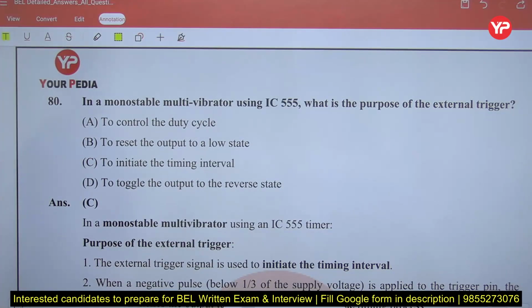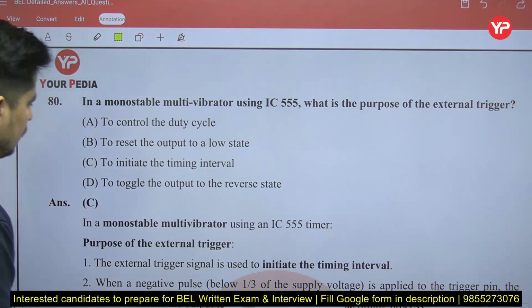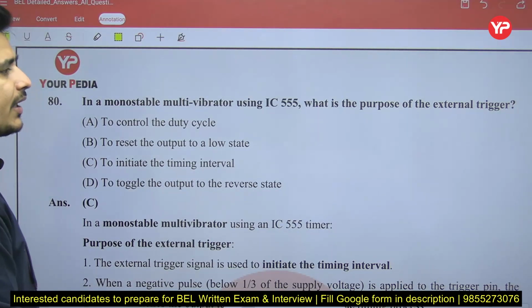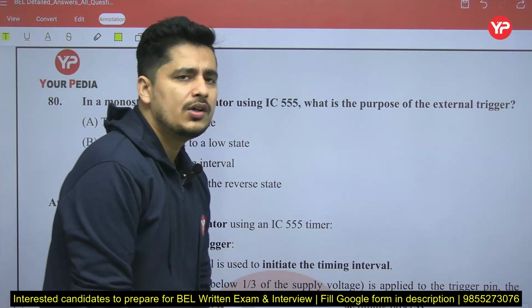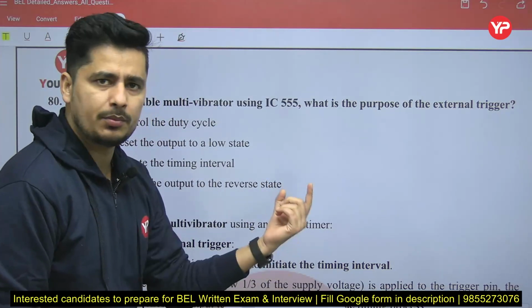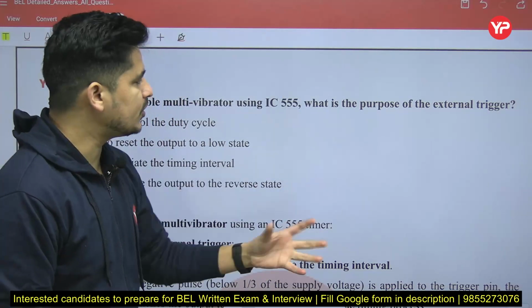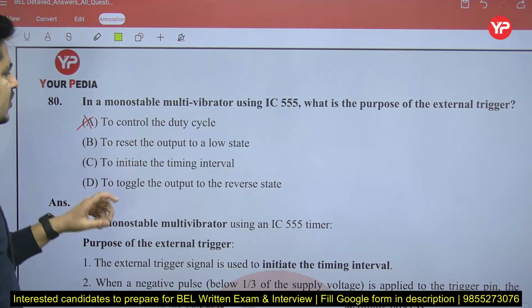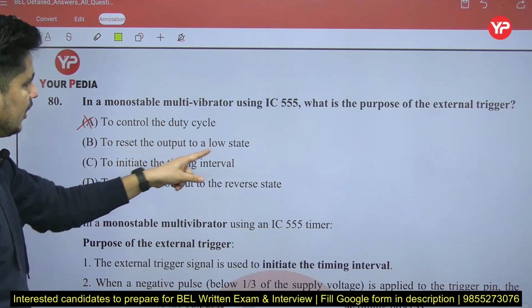In the monostable multivibrator using IC, what is the purpose of the external trigger? See, basically, a monostable without the external triggering will not work. We just provide a small spark to the input so that the process will start. Will it control the duty? No. It will just start the process. Will the rest of the output be in low state?